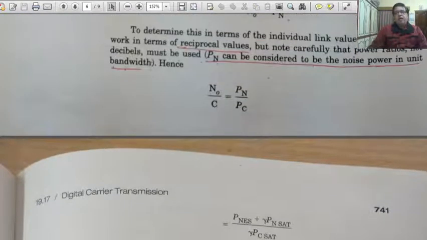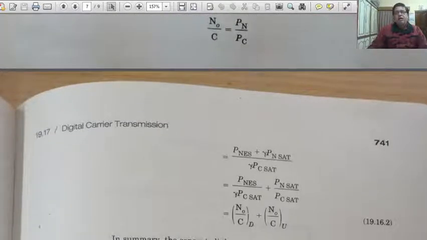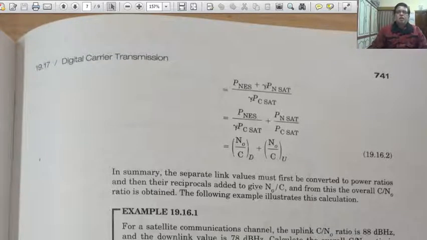Hence, N0 upon C equal to Pn upon Pc. And what is Pn? Pn is Pnes plus gamma Pn_sat, upon gamma Pc_sat, equal to Pnes upon gamma Pc_sat plus Pn_sat upon Pc_sat, equal to N0 upon C downlink plus N0 upon C uplink.